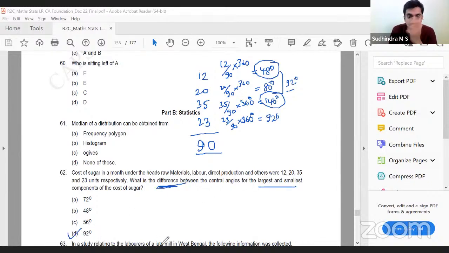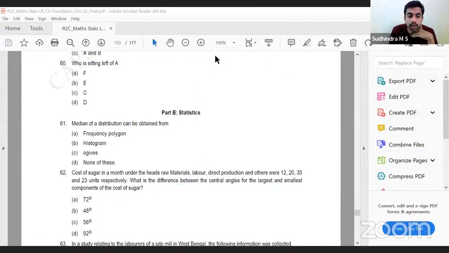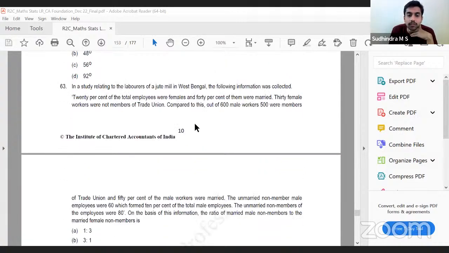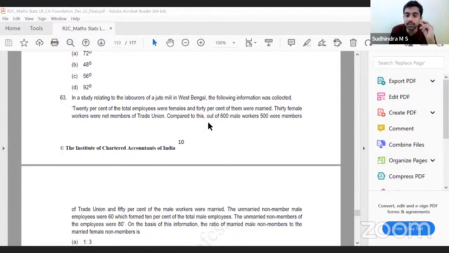Understood, everyone? Yes, this is 62. In a study relating to laborers of a jute mill, similar question we had solved in the class in West Bengal. The following information was collected. 20% of total employees were females and 40% of them were married. 30 female workers were not members of the trade union. Compared to this, out of 600 male workers, 500 were members of the trade union. 50% of the male workers were married.